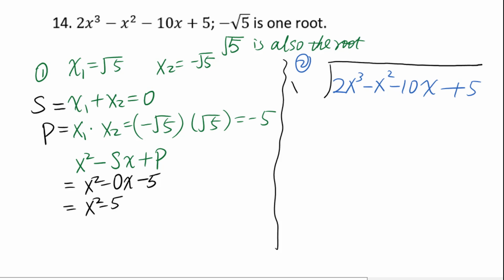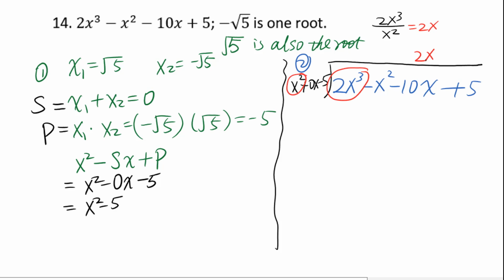No missing power: x squared plus 0x minus 5. Leading term, 2x third power divided by x squared equals 2x.